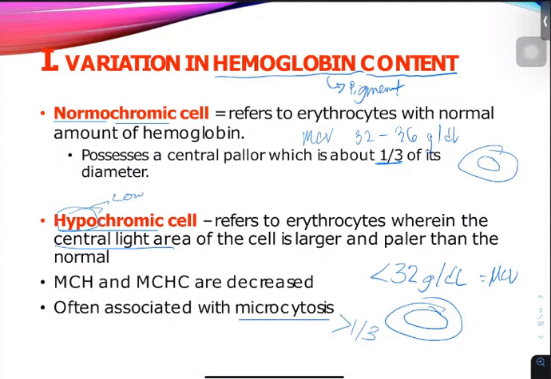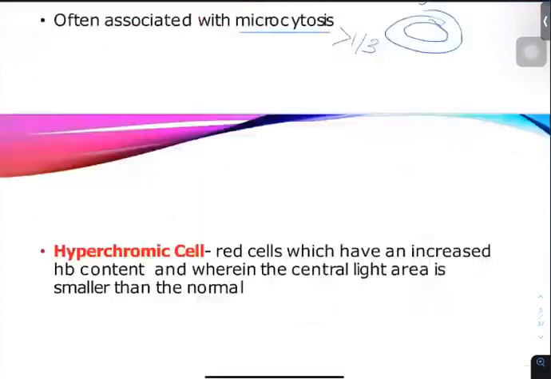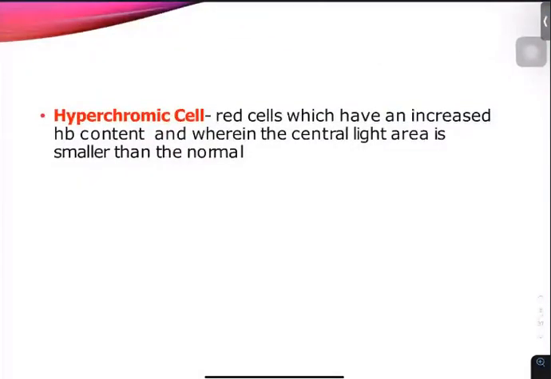Next is your hyperchromic. As the word itself says, hyper means high. So the cell has an increased hemoglobin content, greater than 36 gram per deciliter. Is there still a central pallor?